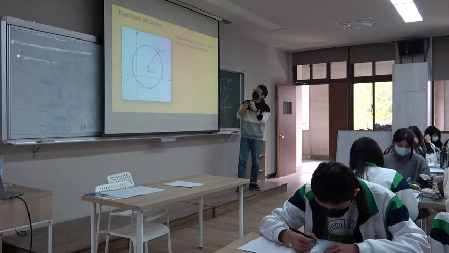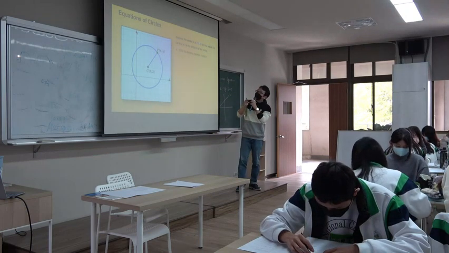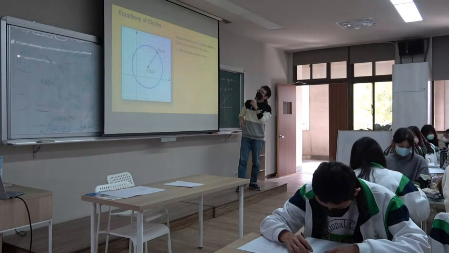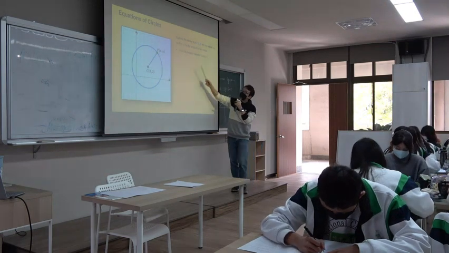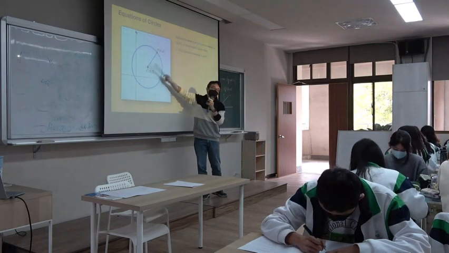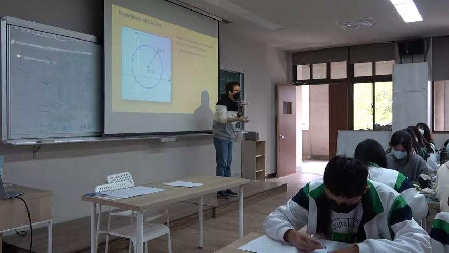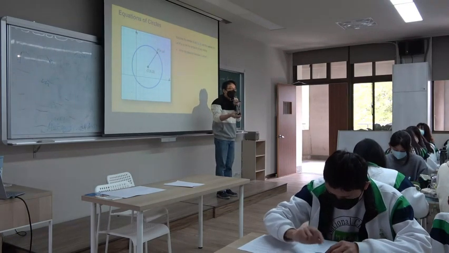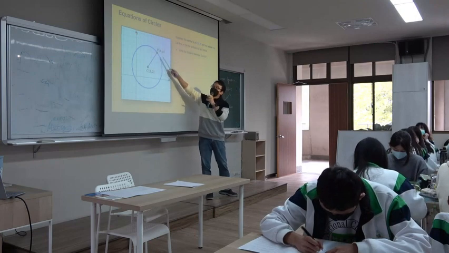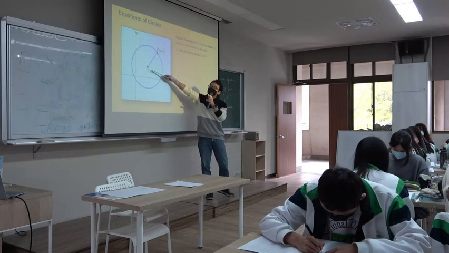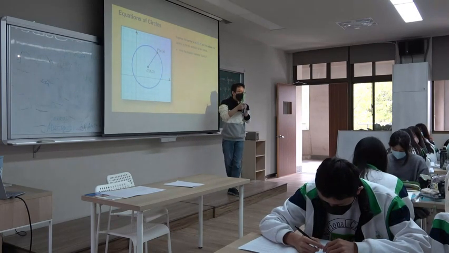Okay, and we write the distance between C and P. Between C and P, we have studied the distance formula, right? Use the formula to express the distance between C and P. Okay.